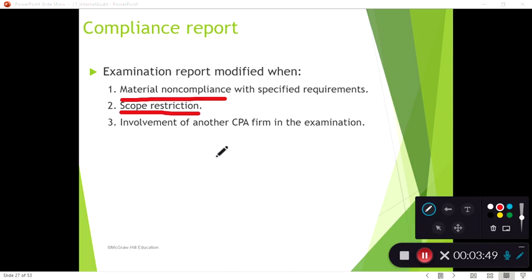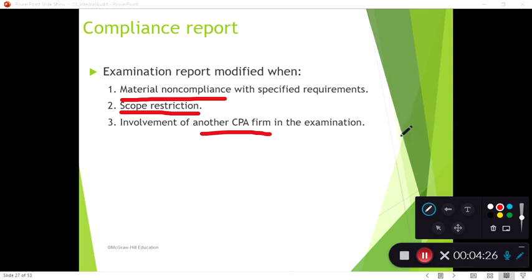Whatever unit we're looking at, could be the entire firm, if there's restrictions on which part of the firm we could look at, let's say we wanted to do environmental, and so we're looking at water waste and air pollution, right? But there was some kind of restriction on our ability to do one or the other, that would have to be in the report. And then if there was another CPA firm used in the examination, then that would have to be included in the report as well, right?